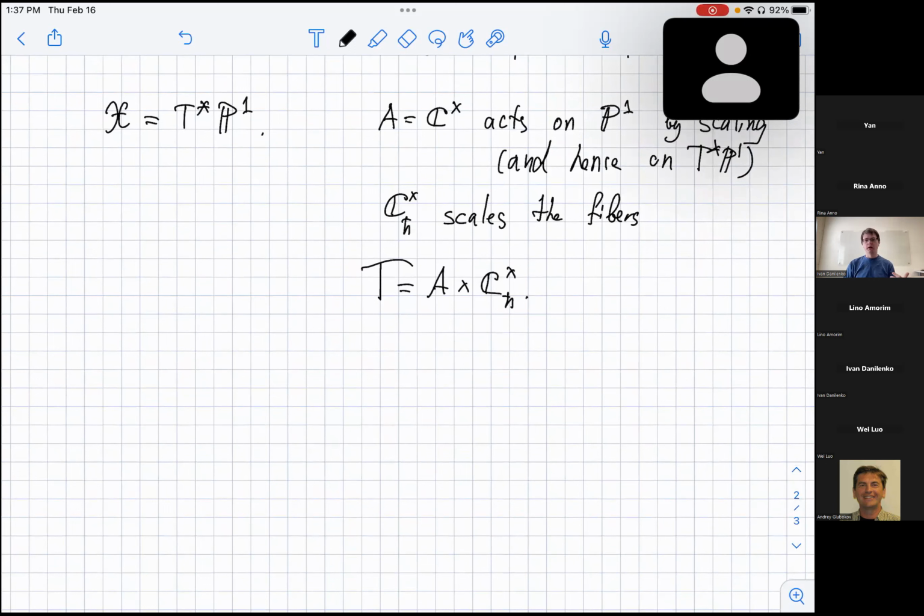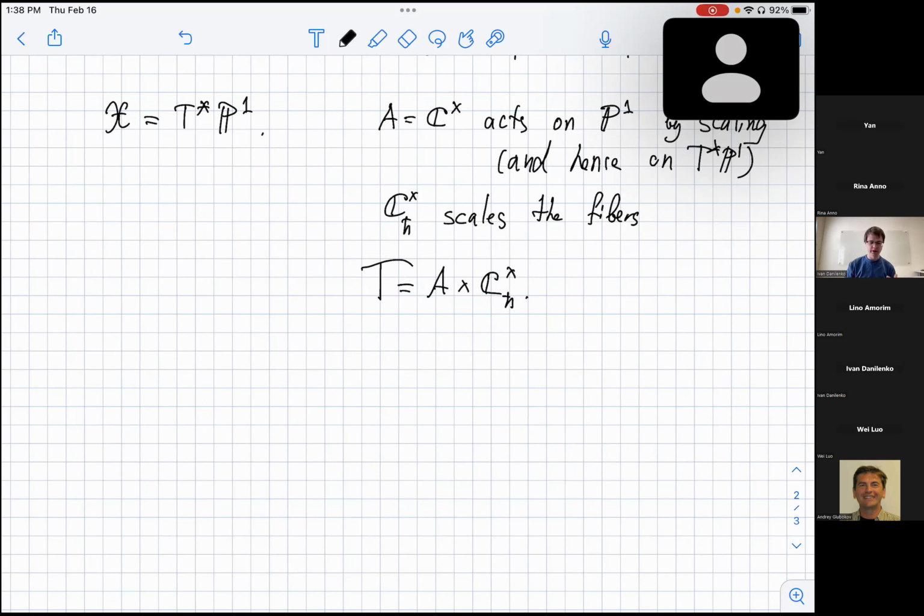Okay. Now, when I start to do equivariant K-theory with respect to this torus action, I see that after localization, my K-theory turns out to have certain bases corresponding to the fixed points. So the fixed point basis is the easiest one, but I'll be interested in slightly different bases.